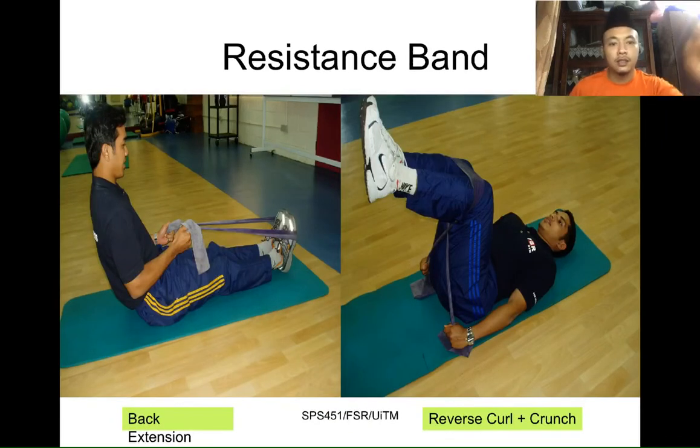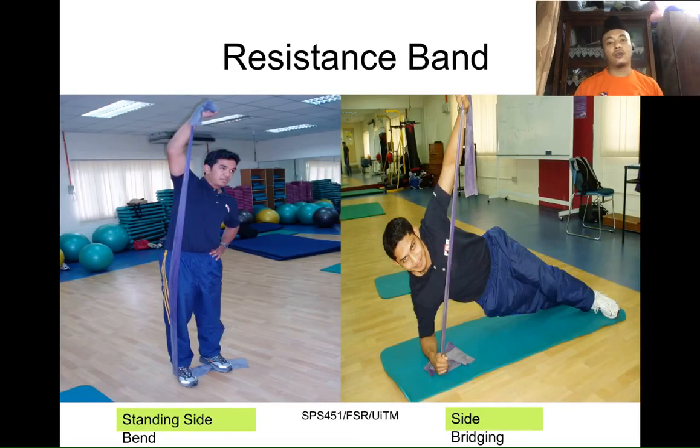Next is back extension and reverse curl and crunches, plus crunches. And for our last slide for resistance band training is standing side bend and side bridging by using band, resistance band. So I think that's all for this topic.